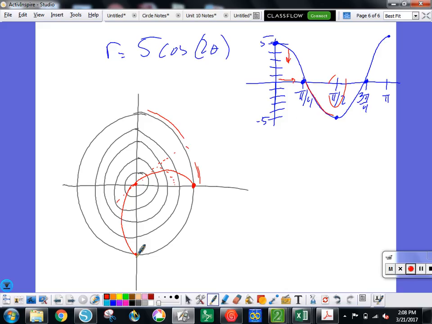Okay. Now I got to go back from pi halves to 3 pi fourths. Well, at 3 pi fourths, I'm back at 0. But notice all this section, the angles from pi halves to 3 pi fourths, all the radii are negative. So notice it just comes back up.